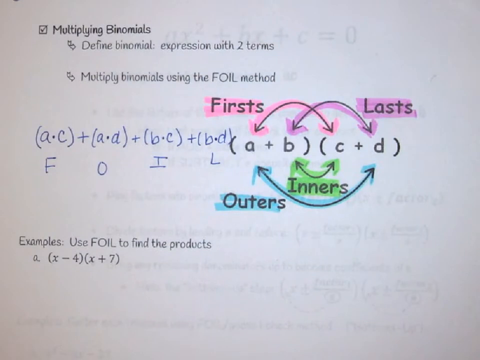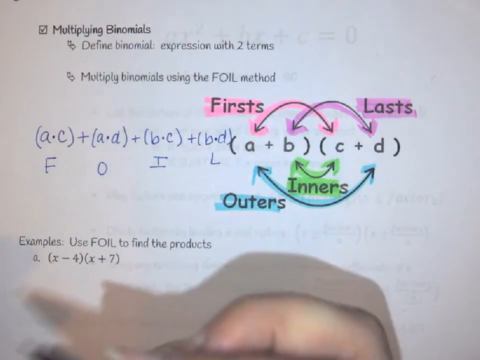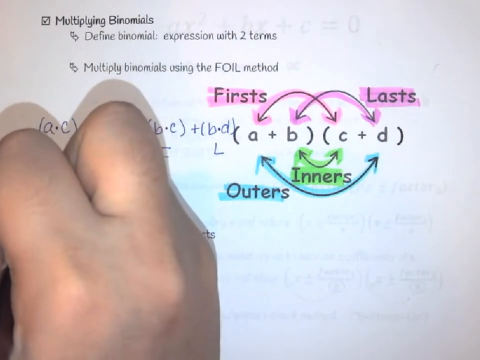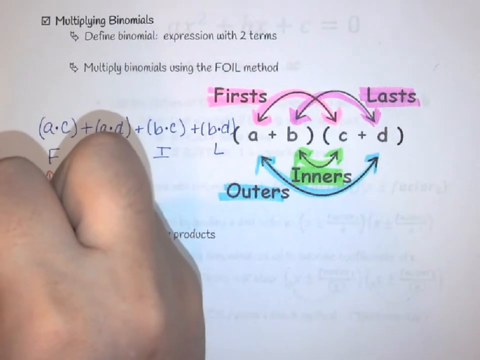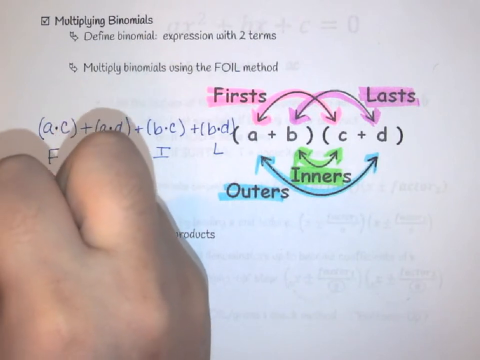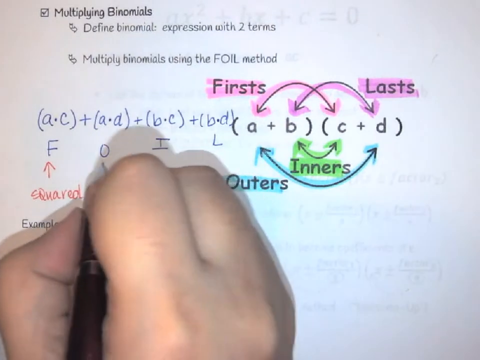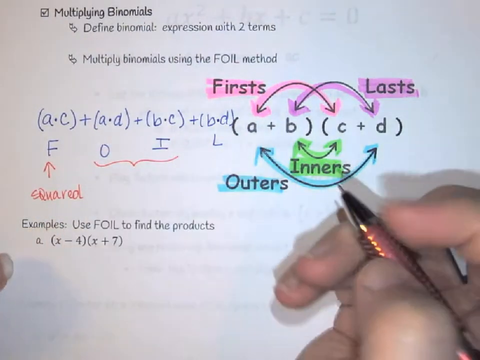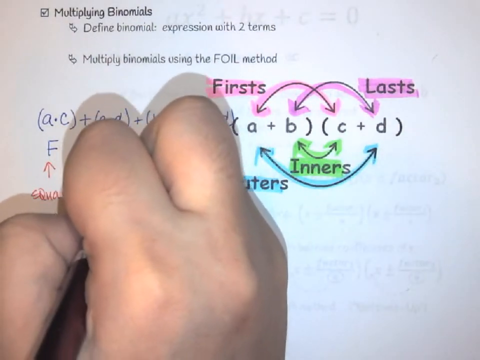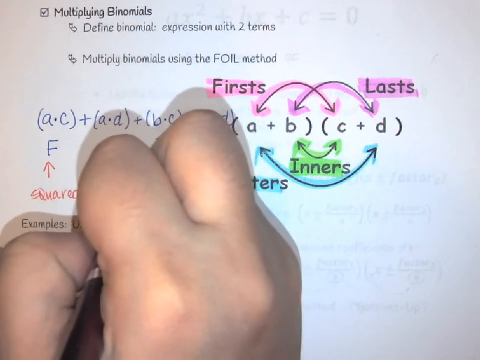You then are going to reduce all of these together. So there's a couple things that usually happens. This first term here is generally your squared term. Okay. Your inner and your outer, you are going to add together.